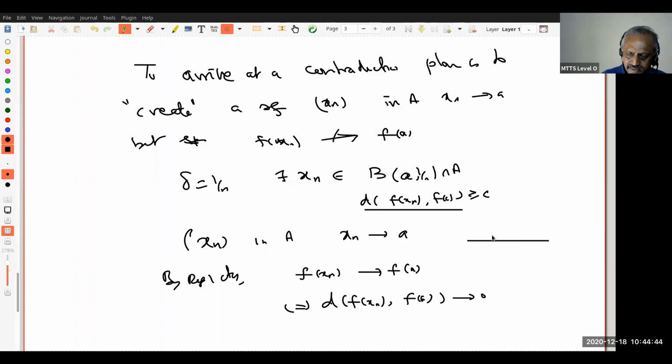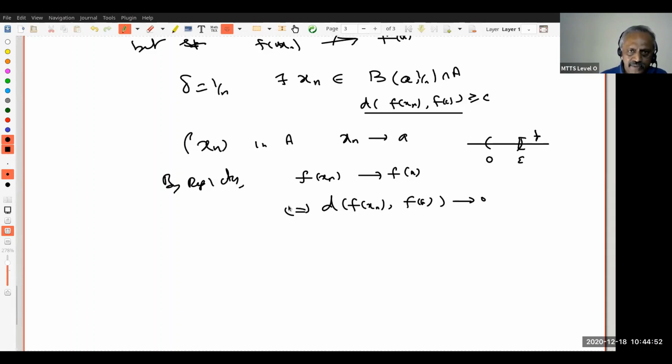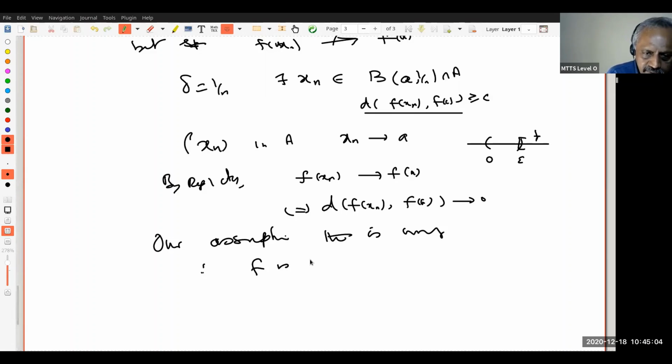So it's like this: 0, epsilon, and all your numbers are here. So it cannot go to 0. Do you understand this proof? So our assumption is wrong. Therefore, f is continuous according to definition 2.